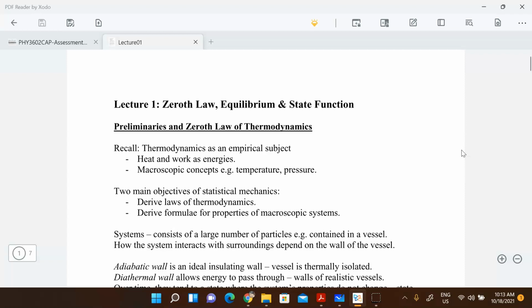So let me just check. Okay, so thermodynamics is essentially an empirical subject. Can you see the red circle there? Okay, great. Do you know what empirical means? Anyone?